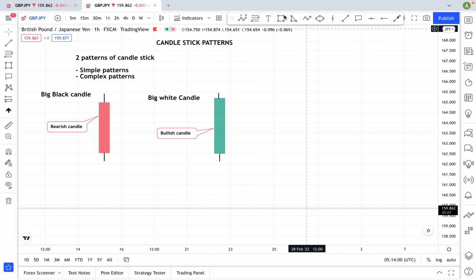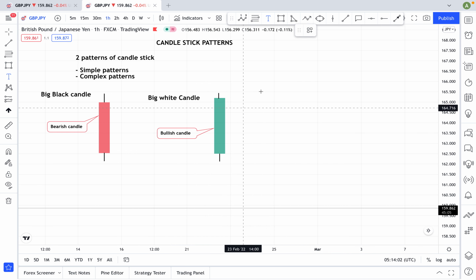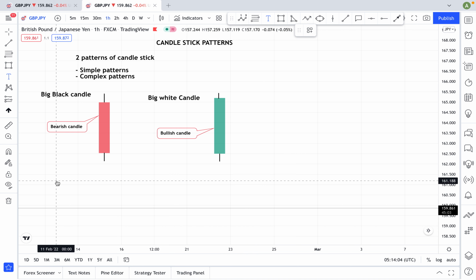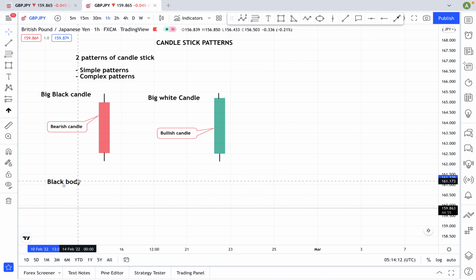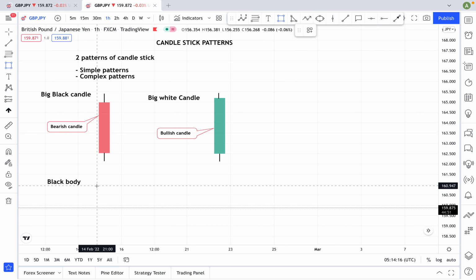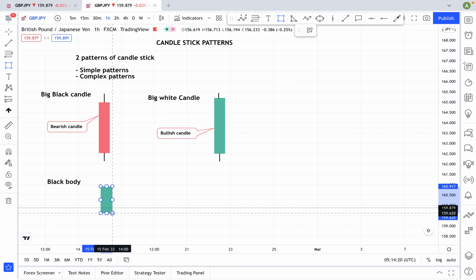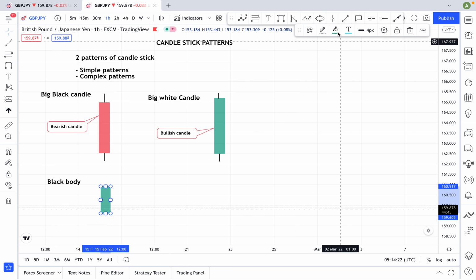And then again, we have the black body candle. This is also known as a bearish candle. So I'm going to give it a red.